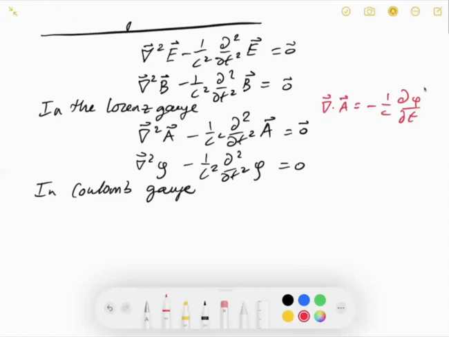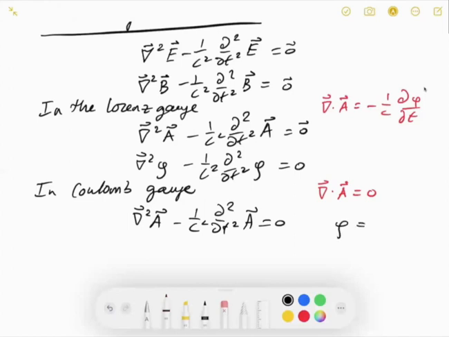which is the gauge where the divergence of A is 0. We get, surprisingly, the same equation for the vector potential, but nicely, the Laplacian of the scalar potential is 0 in this case. So in the Coulomb gauge, we don't really need to worry about the scalar potential.